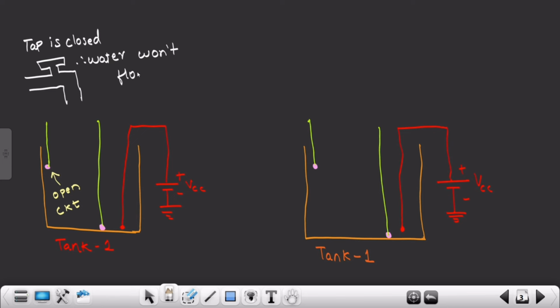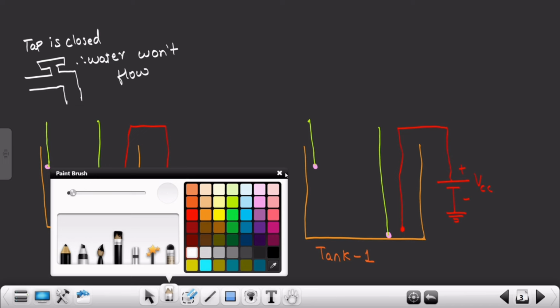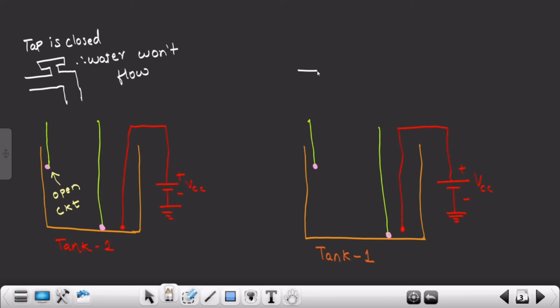But now let's assume this is another tank. Tank 1 only, but now in case 2, let's assume the tap which I'm drawing over here is open. The tap is open, therefore water will flow.